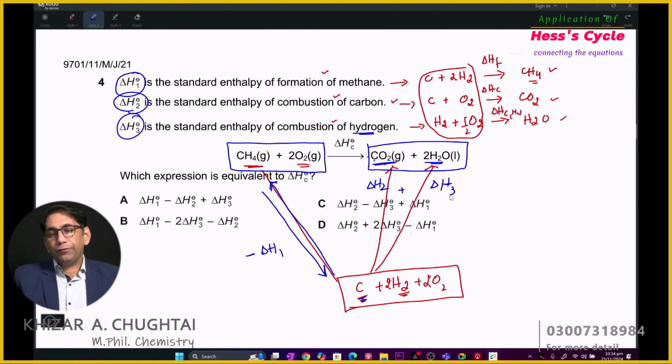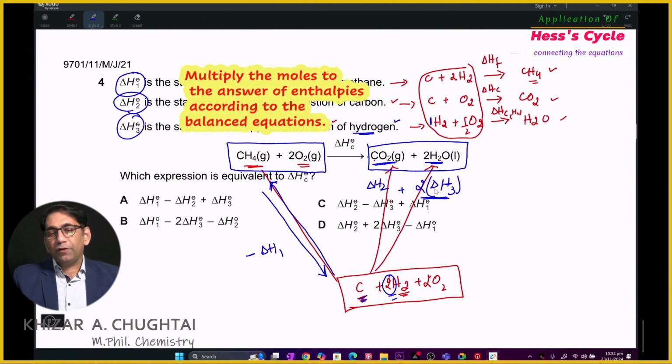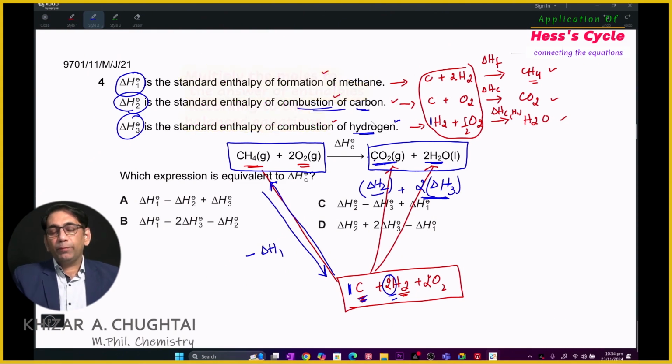But we are using 2 moles of hydrogen, and this is the enthalpy of combustion of 1 mole of hydrogen, so we will have to multiply it by 2. So there will be 2 moles of delta H3, and 1 mole of delta H2, because we are combusting 1 mole of carbon.